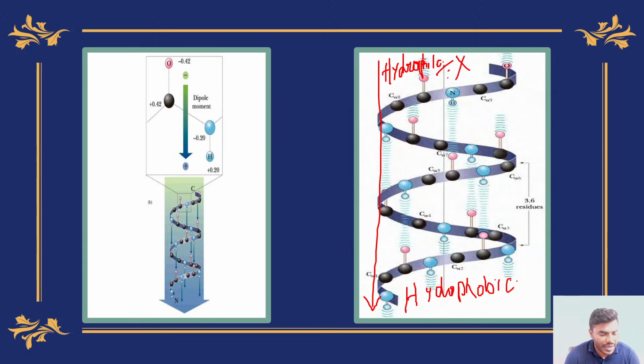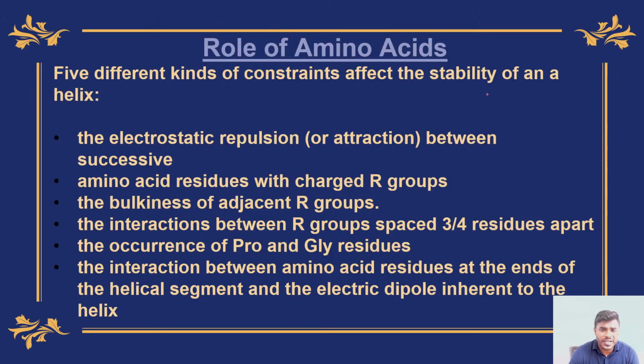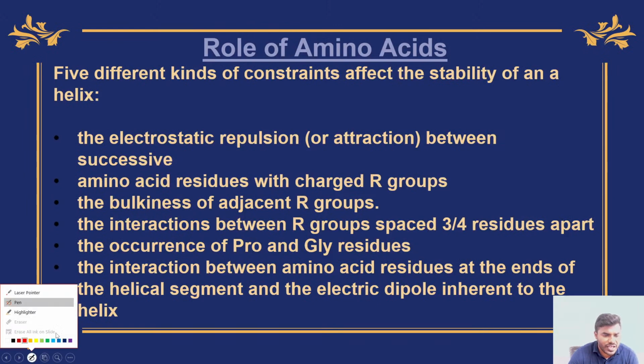Do you think the helix will become stable, friends? No, there is no way the helix will become stable. Suppose the helix contains both hydrophobic and hydrophilic amino acids. Then what word can I use? I can say that the helix will become highly stabilized.